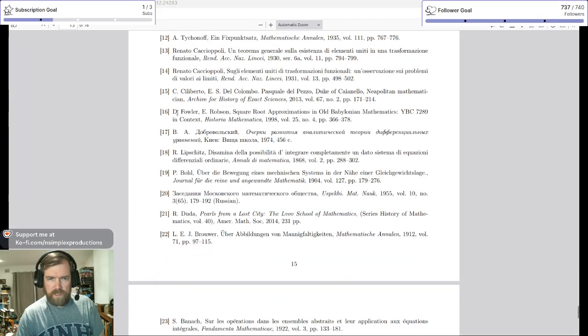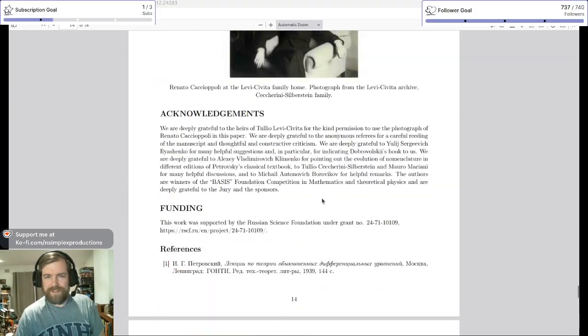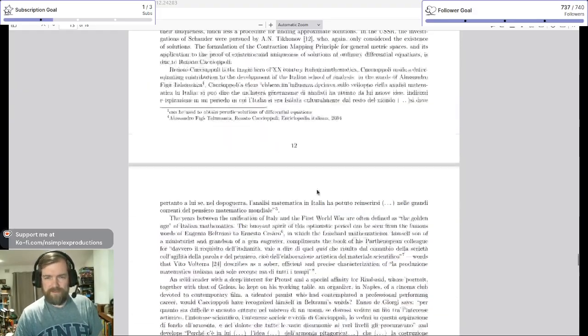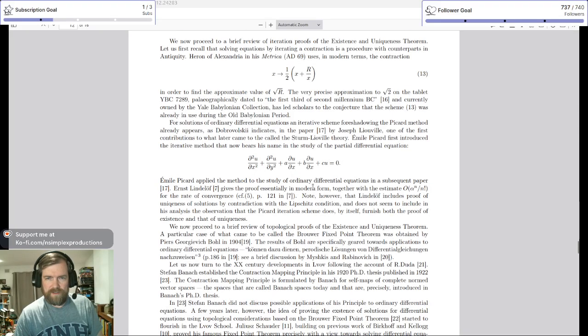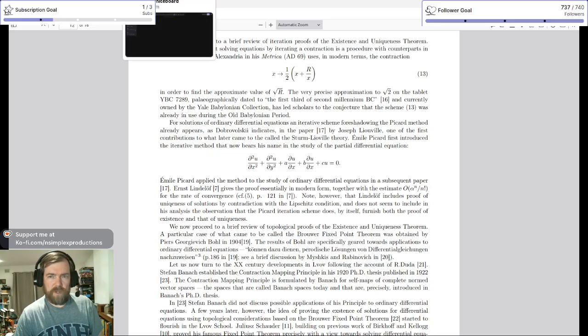Reference 16, D. Fowler, Historia Mathematica, 1998. And Russian. Not helpful. Unless, of course, you know Russian, but I do not. Okay.